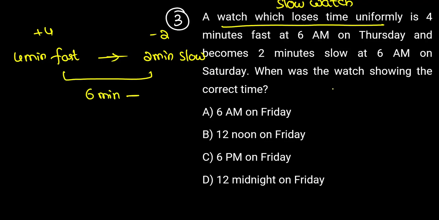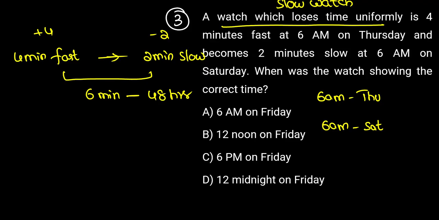For that, how much time? 6 a.m. Thursday to 6 a.m. Saturday. Pretty clear. I think 48 hours, no? 6 a.m. Thursday to 6 a.m. Friday, 6 a.m. Friday to 6 a.m. Saturday, 48 hours. How much change do you need, sir? Is 6 minutes change required?